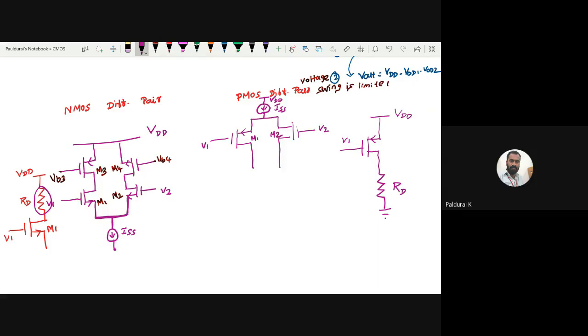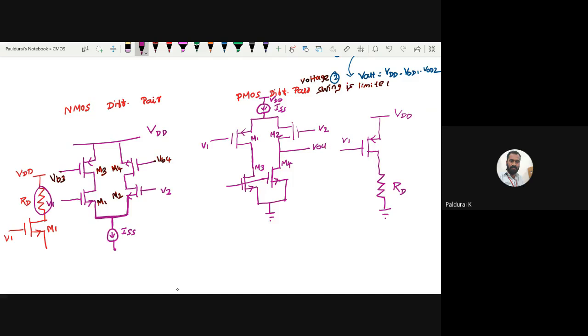What about the load? This time the load is replaced by a current source, but this time I want to inject current from the node to ground. What type of current source will be used this time? This must be connected to ground. So this is my NMOS current source, right? Let me call this M3 and this M4. Where will you get the output?